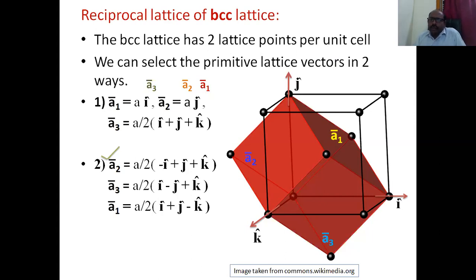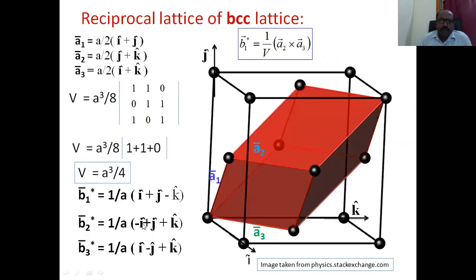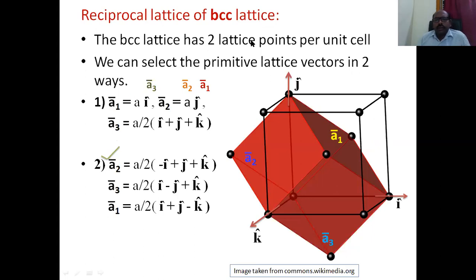Generally, as I said just before, one conventional cell is equivalent to two primitive cells. The one shown in red color is the primitive cell. If we observe this plane, it is covering half of the portion of this unit cell.